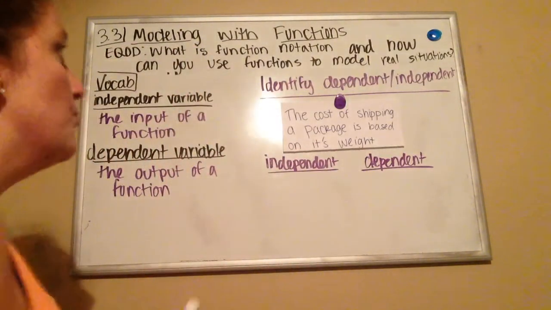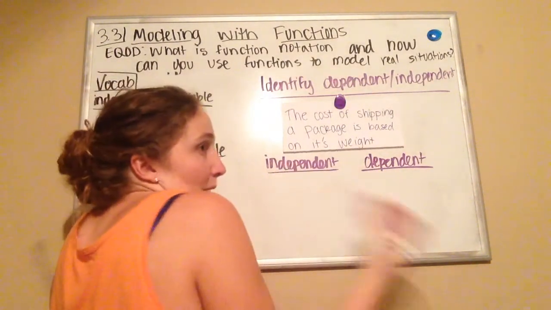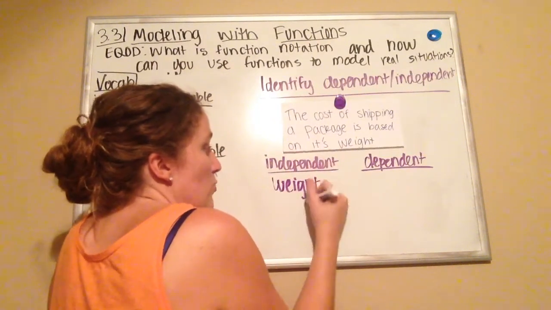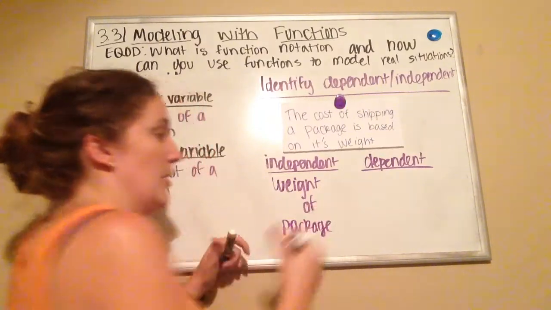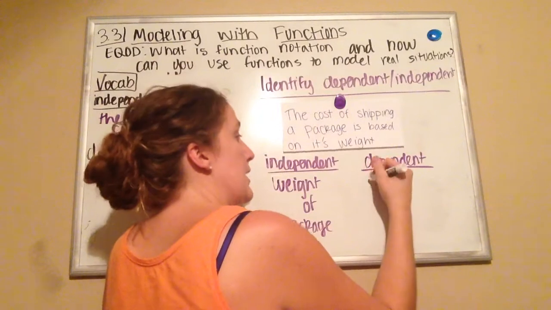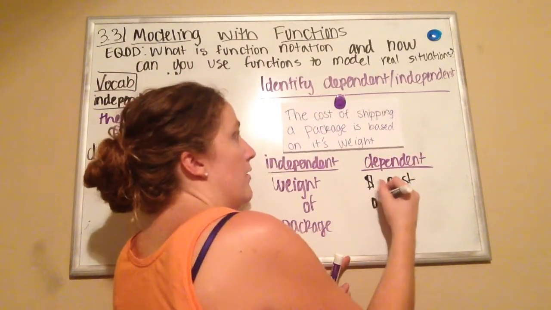All right, so what are you putting into the situation? Well, you're putting in your package, and really it just matters what's the weight of that package. So that's the input. That's what's determining how much you pay. So weight of that package. And so your dependent is the money or the cost of shipping.